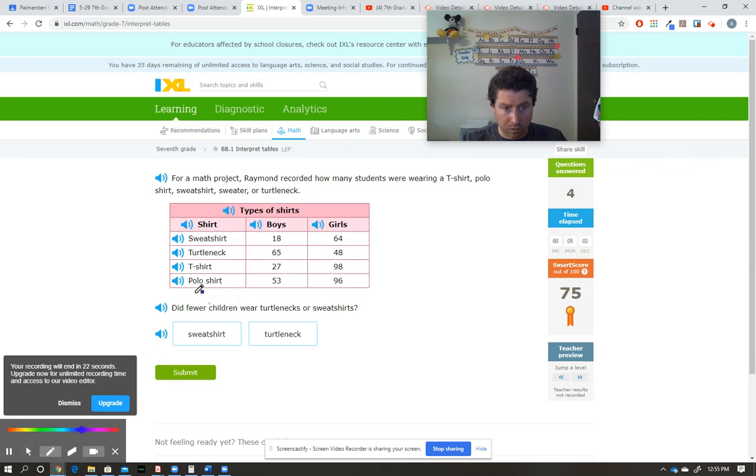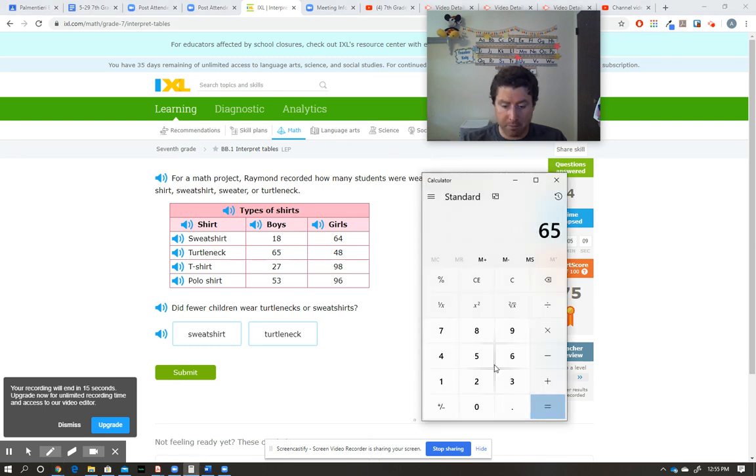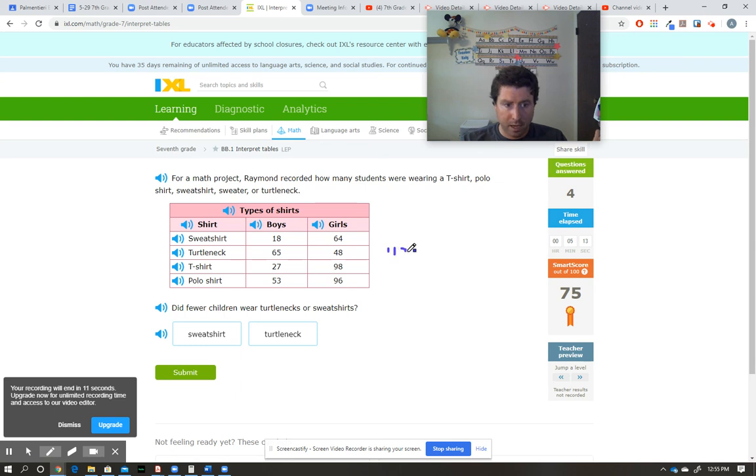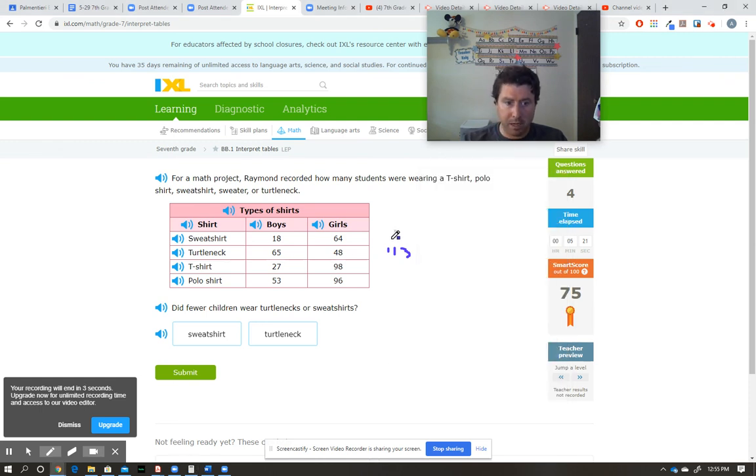How many children wore turtlenecks? You have to add 65 plus 48, so they have 113 here. And the other one was sweatshirts: I have to add 18 and 64. 18 plus 64 would be 82.